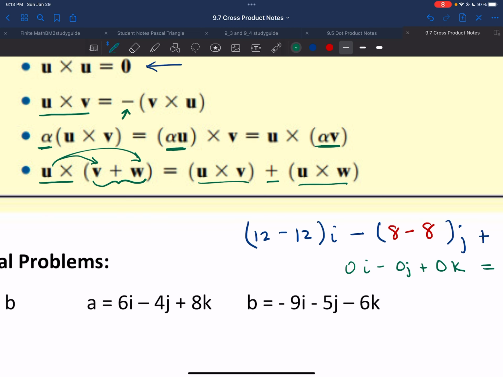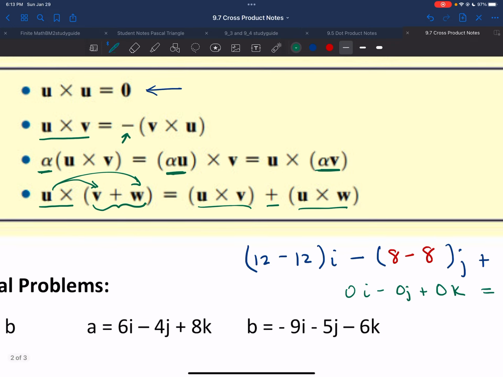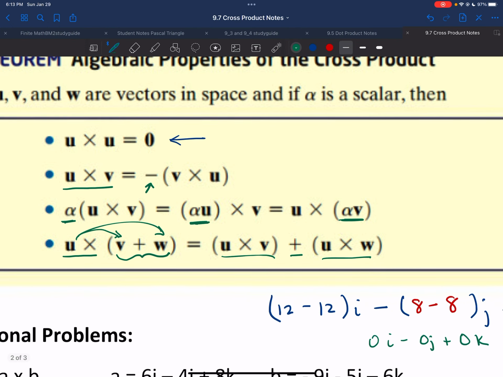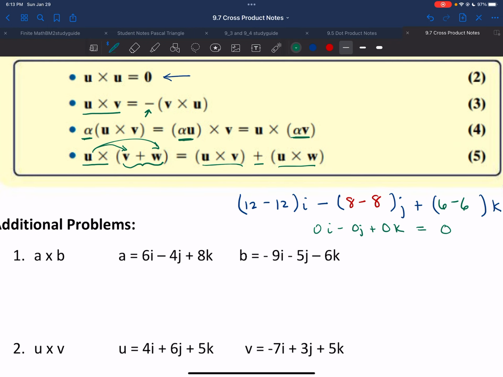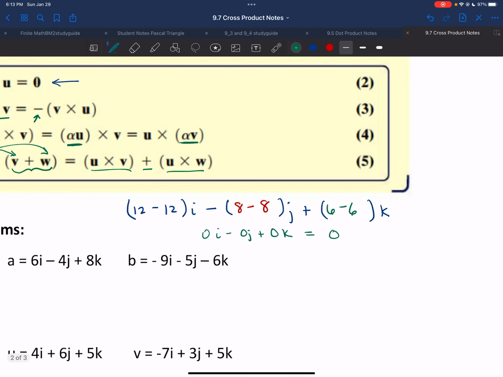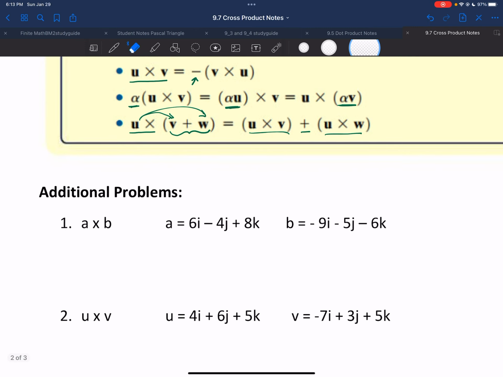Okay, so these are things that you definitely want to stick on your emotional support card or your page in your pre-calculus book, okay? All right, let's look at some additional examples. And I'm going to go through 2, and then I'm going to ask you to pause the video so that you can go ahead and make sure that you know how to do the other 3, and we will check our answers.